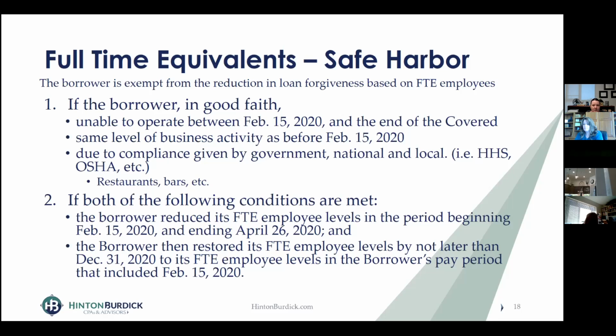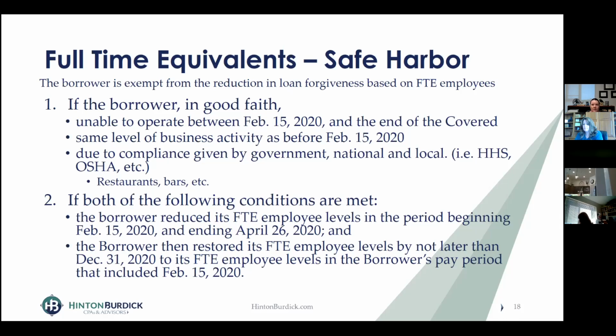The other safe harbor is if you reduced your full-time equivalents between February and April, you didn't have any additional reductions from April to now, but you restore all of your full-time equivalents either at the date you submit forgiveness or December 31st.